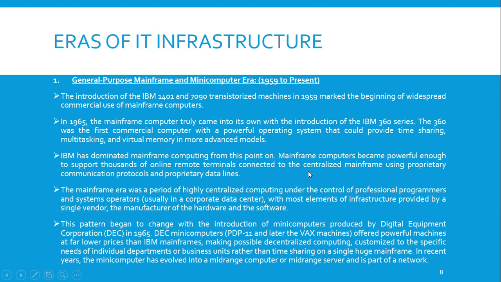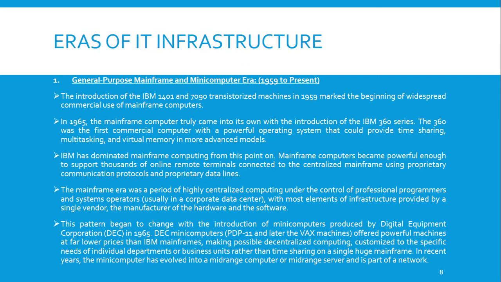Mainframe computers became powerful enough to support thousands of online remote terminals connected to the centralized mainframe using proprietary communication protocols and proprietary data lines. The mainframe era was a period of highly centralized computing under the control of professional programmers and system operators, with most elements of infrastructure provided by a single vendor, the manufacturer of the hardware and the software.